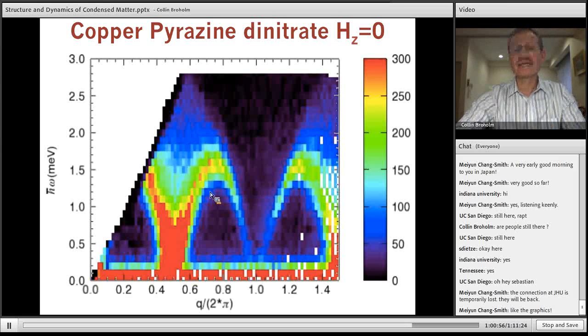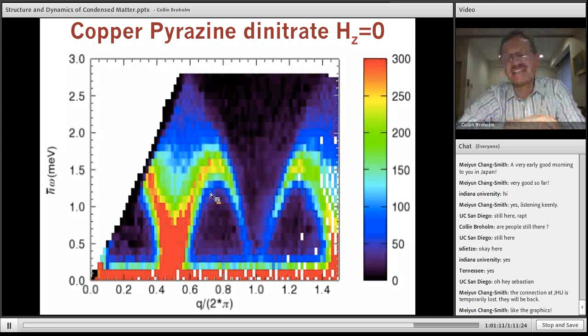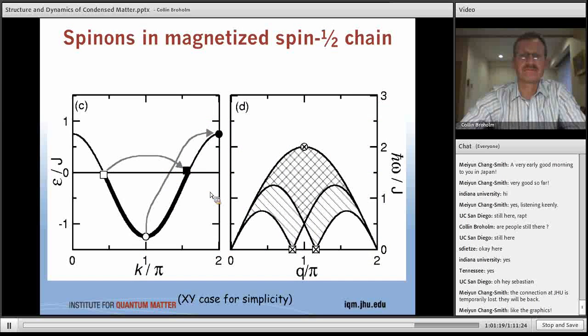So even though the neutron is a spin half particle, I can't actually create a spin 1/2 particle in the sample. I can only change the angular momentum by either 0 or 1. And so I need to have the neutron come back out again. And so in a sense, it's for that reason that I need to think about and only have multi-particle processes of scattering in the case of this spin 1/2 chain.